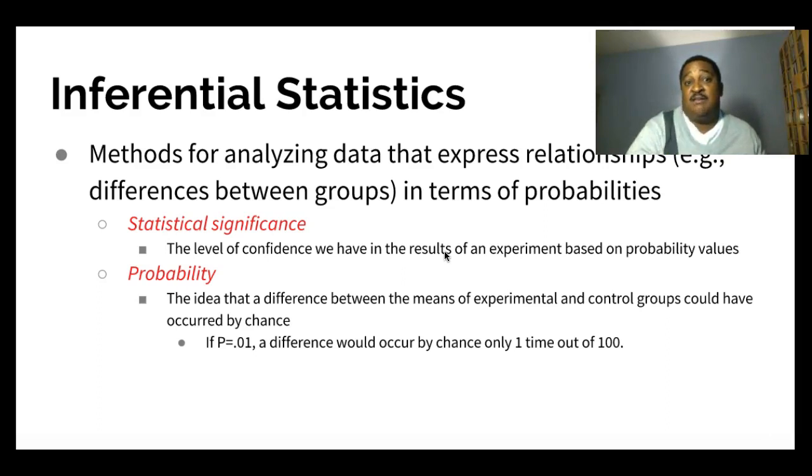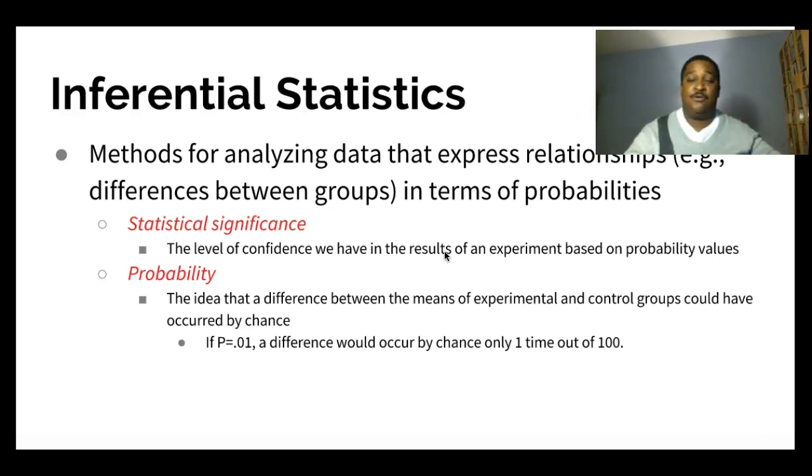That means we're pretty confident that the results of the experiment are highly valuable, and they're based on good probability values. What's probability? Well, probability is the idea that the difference between the means of the experimental group and the control group could have occurred by chance.